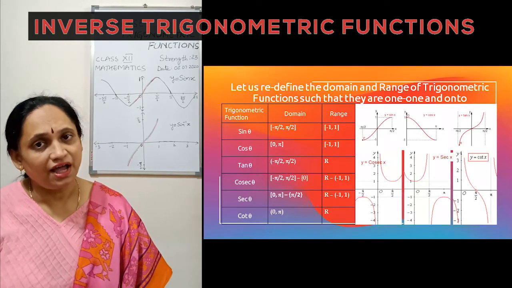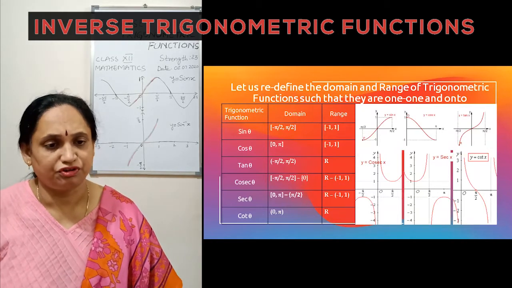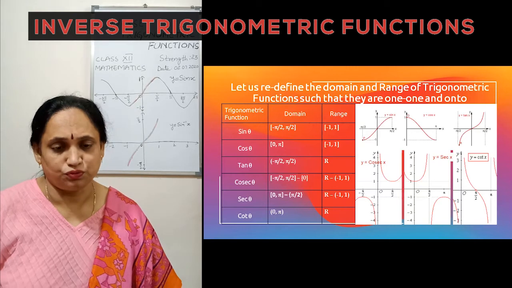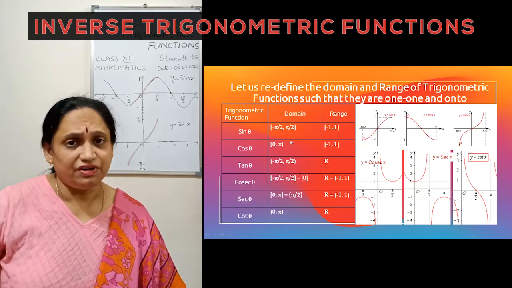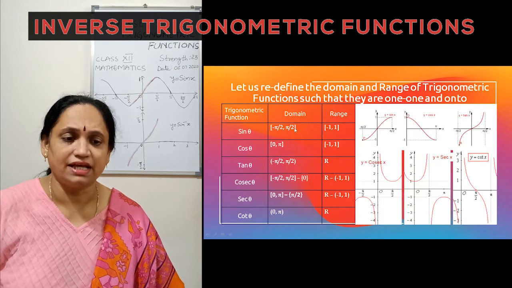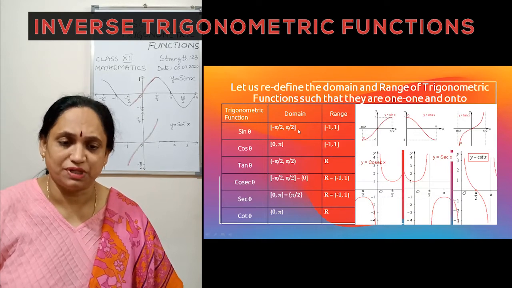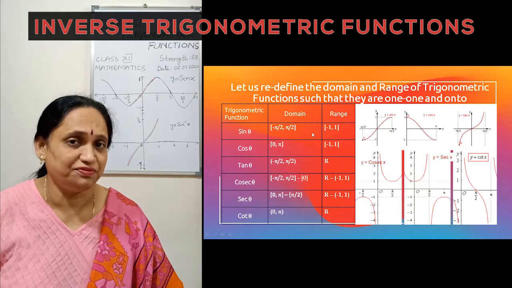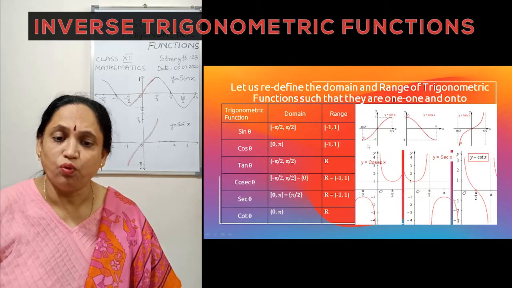So we redefine the domain and range of trigonometric functions such that they become 1-1 and onto. If we restrict the domain of the sine function as the closed interval minus pi by 2 to plus pi by 2, it will cover all the real values between minus 1 and plus 1 only once.